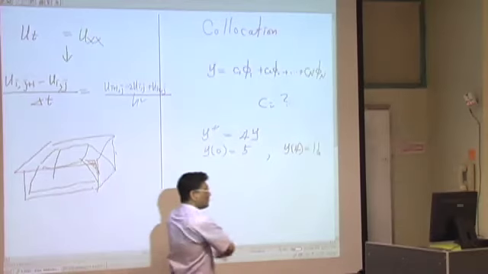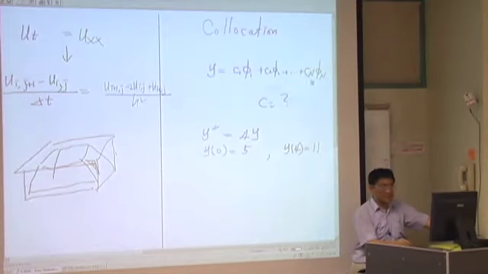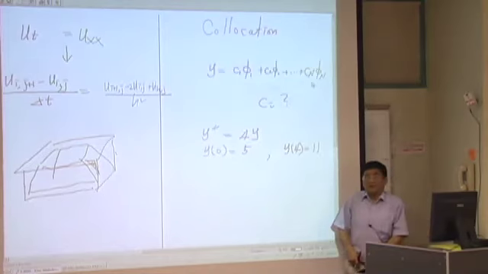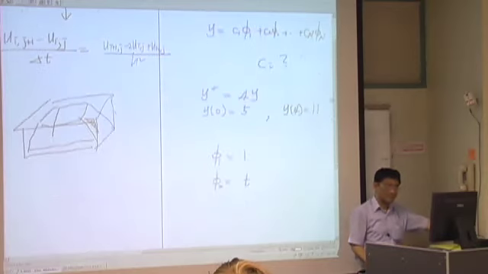Then we define these things, and then how many do you want? 3. Phi 1 could be defined this way, right? Phi 2 could be defined this way. Phi 3 can be defined this way.